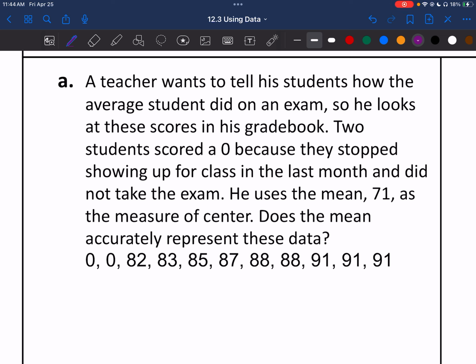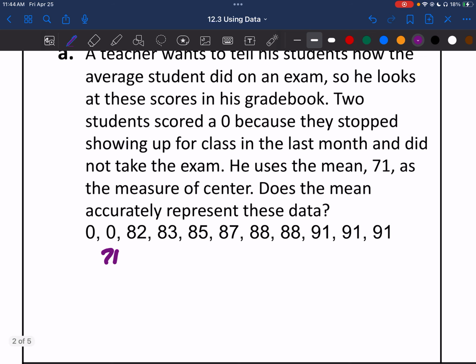He uses the mean, 71, as the measure of center. Does the mean accurately represent this data? So if we just put that in, 71 in the sequence would be right there. Okay, so does that represent the data? No, it does not.